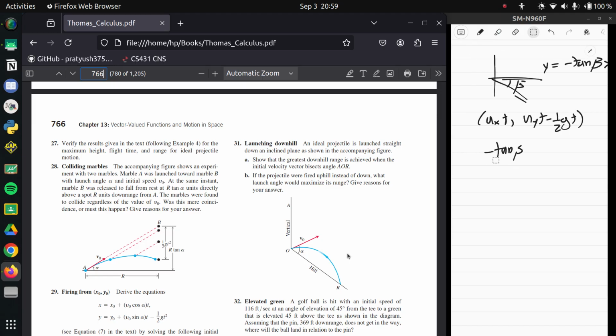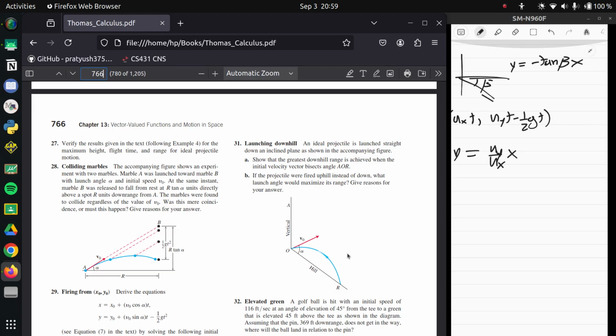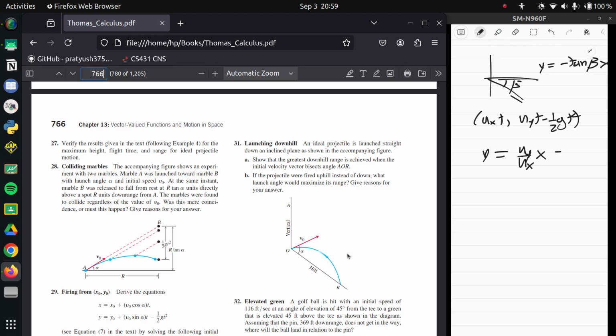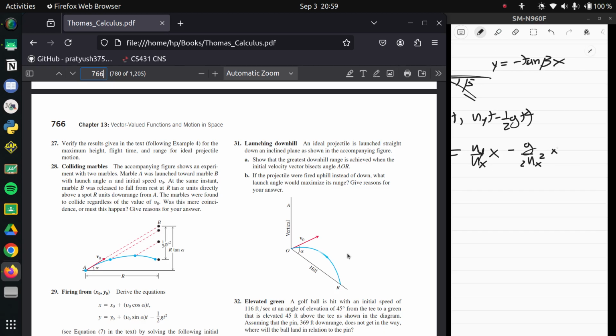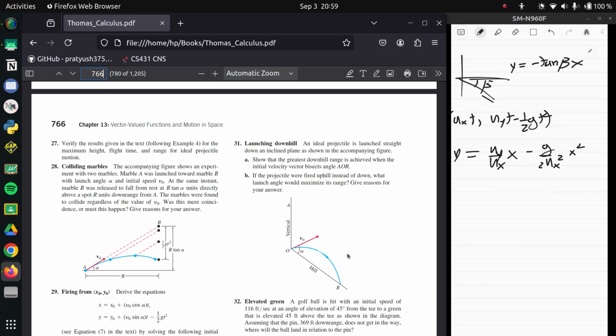So your y is just uy upon ux times x minus g by 2 ux squared times x squared. Just gonna put this as minus tan beta of x, and that gives you the value of x.